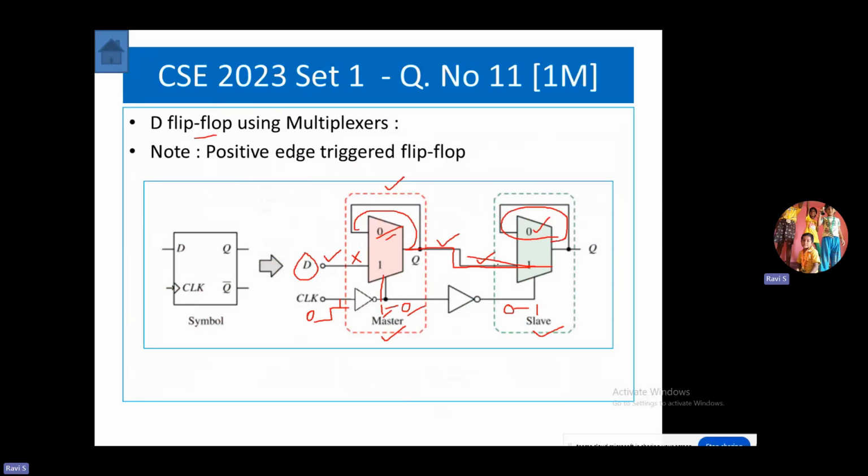So whichever value we applied during the low level of the clock input will appear at the high level of the same clock input. So we get the D input appearing at the Q output during the positive edge. So this is called a positive edge triggered flip-flop.